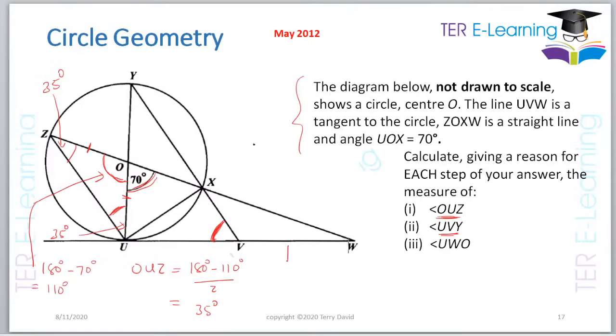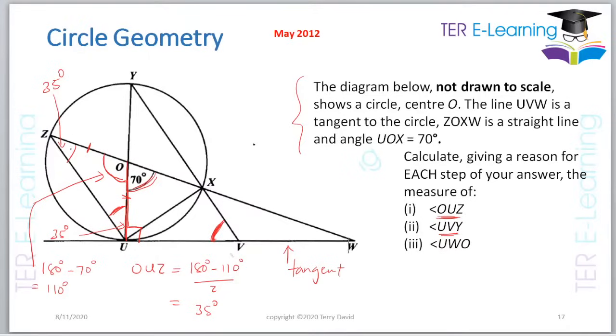So this line UW here is a tangent, right? This line here, which is OU, is a radius. So therefore, this angle here is 90 degrees, right?